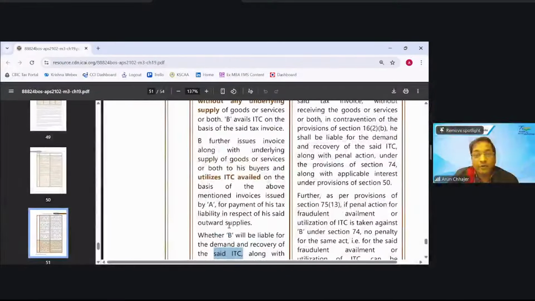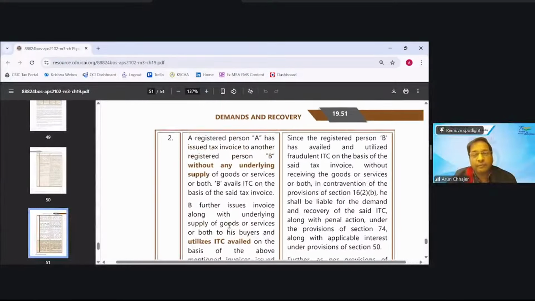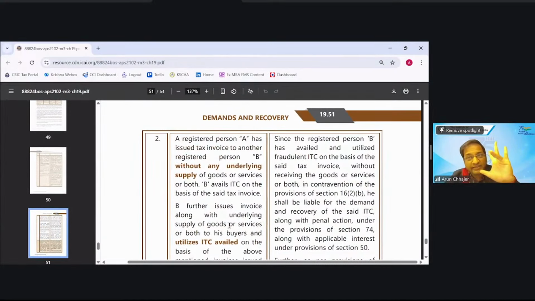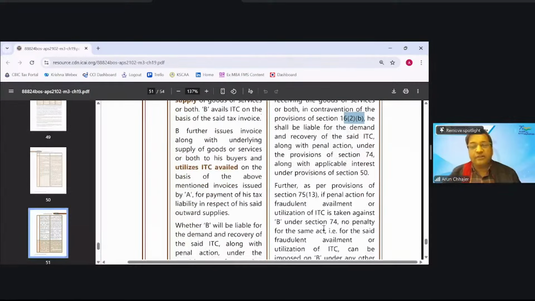Now this answer would be, 73, 74 में 5 बातें हैं. तो लास्ट 2 बात क्या है? ITC wrongly availed and utilized. Since B has availed and utilized the fraudulent ITC on the basis of the tax invoice without receiving the goods, which is violation of 16(2)(b). क्या कहता है 16(2)(b)? Goods or services to be received. B is liable for the demand and recovery under 73, 74 along with the interest.